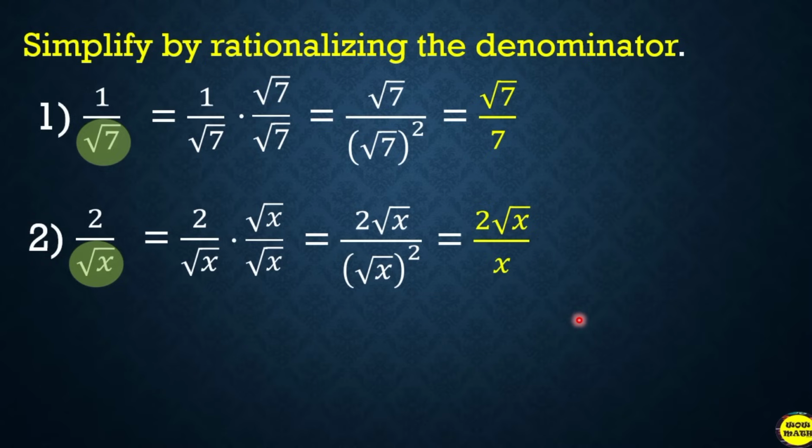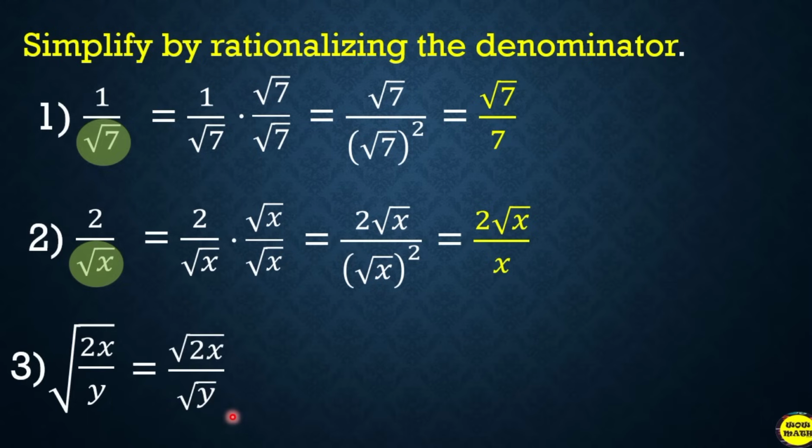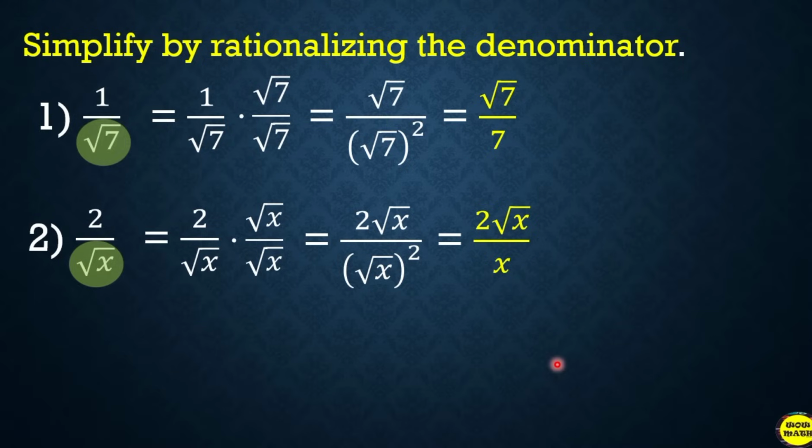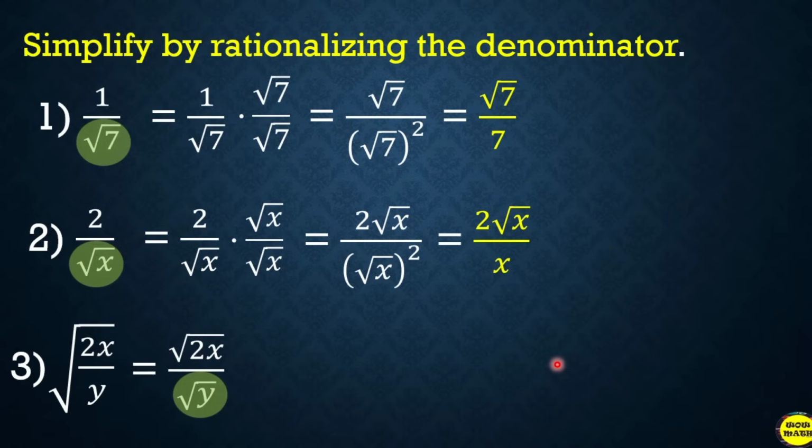Okay, I hope nasusundan how to rationalize the denominator. Another example, we have the square root of 2x over y. So, ang gagawin natin, paghiwalayin muna natin, square root of 2x over square root of y. Since ang denominator natin is square root of y, so imumultiply natin both numerator and denominator by square root of y.